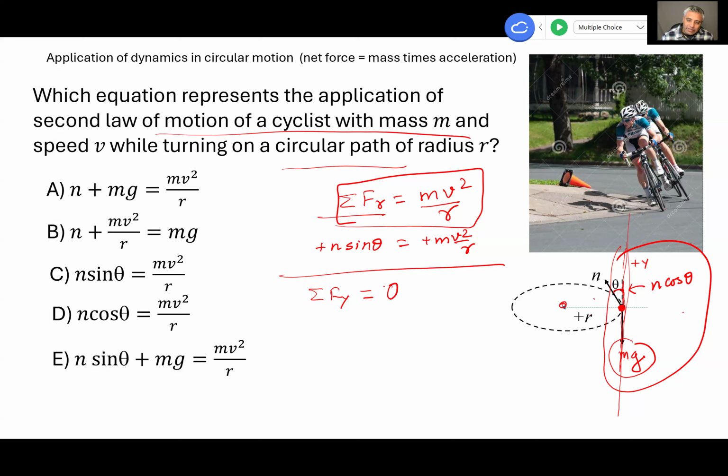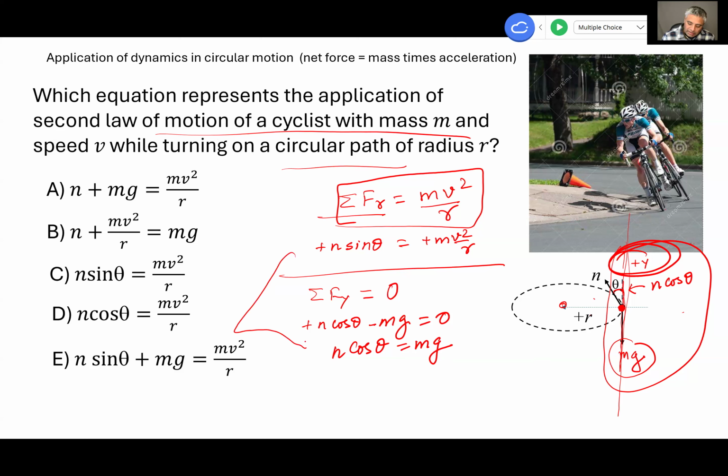It is in equilibrium along the vertical direction. So that means it's going to be positive N cosine theta, assuming up as positive here, okay? And then mg is negative, and right-hand side is 0. So that means N cosine theta is equal to mg.